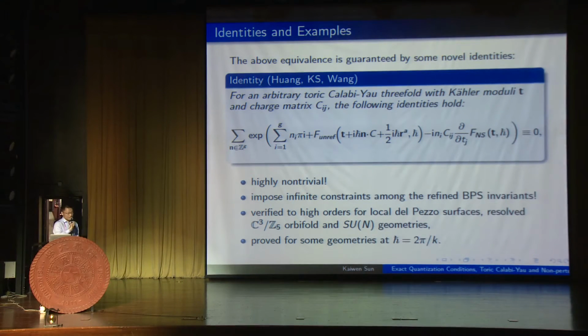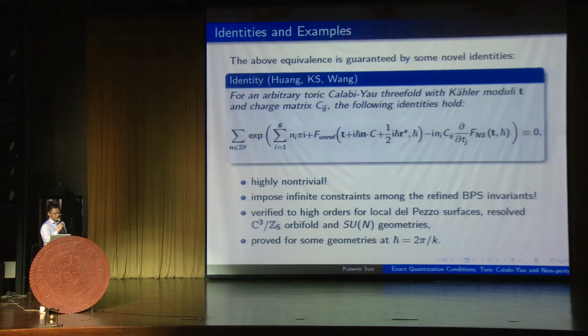Actually, we found a set of novel identities which guarantee this equivalence. For an arbitrary toric Calabi-Yau threefold with Kähler moduli T and the charge matrix C, we found this identity holds. This Fn refines just the traditional topological string amplitudes, and the Fns is the instanton charge free energy. This is a highly non-trivial identity.